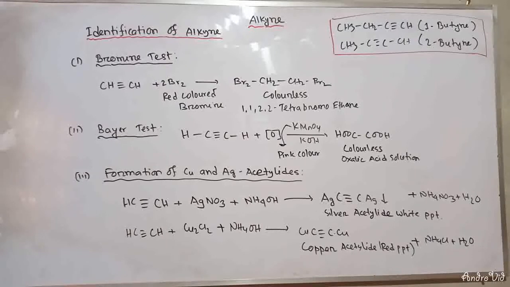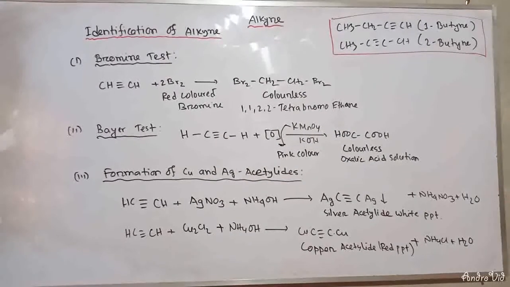At the same time, if you want to identify whether this compound is alkene or alkyne, if you want to differentiate between alkene and alkyne, you have to use this process.